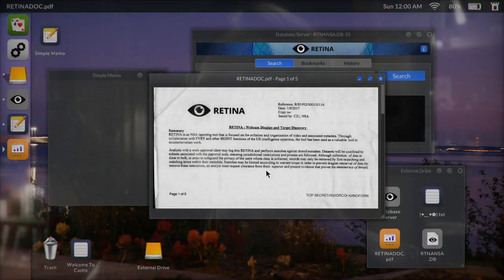Searches may be limited according to warrant scope in order to prevent dragnet retrieval of data. To remove this restriction, an analyst must request clearance from the superior and present evidence that proves the imminence of threat.